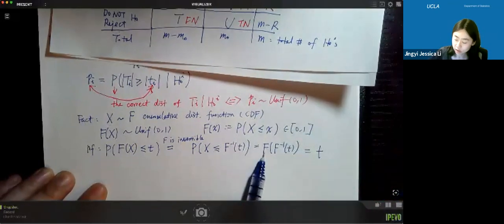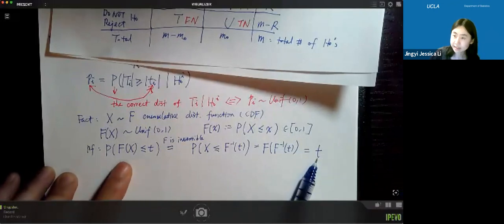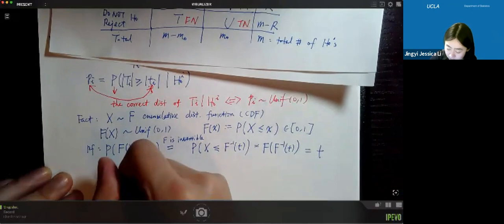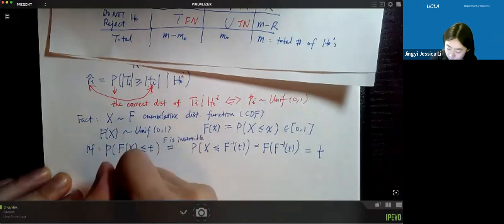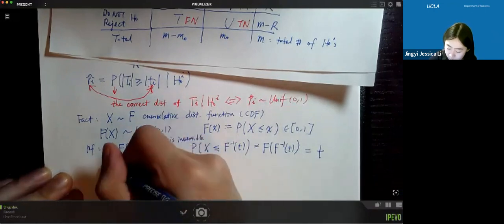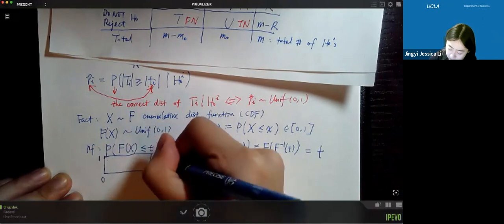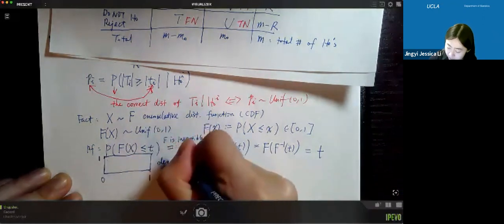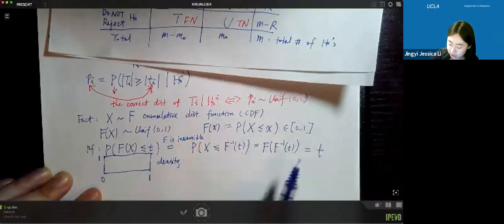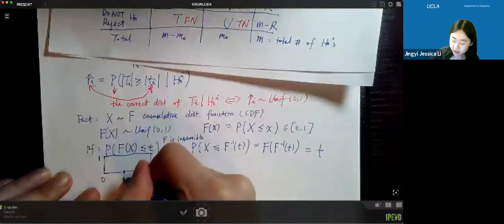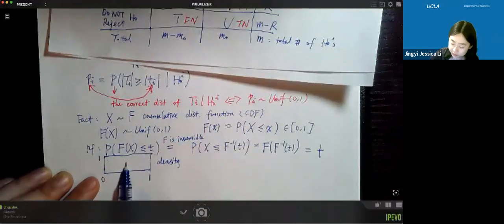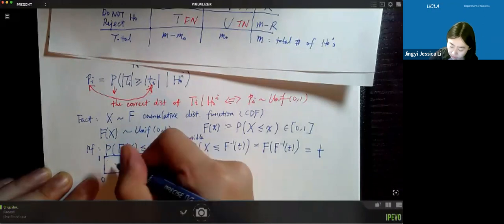They get canceled. So this is exactly the definition of a uniform distribution, because if we have a uniform distribution between 0 and 1, and we plot the density, it is just flat, right? And we know that for t here, the CDF is the area to the left of it, and so the area is also t.